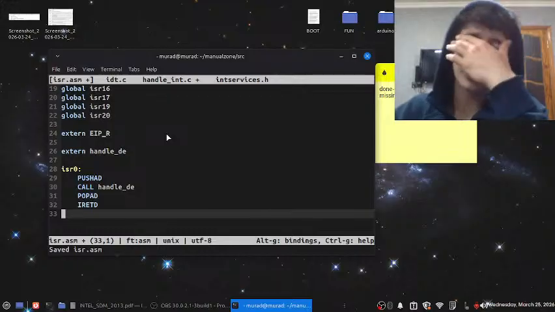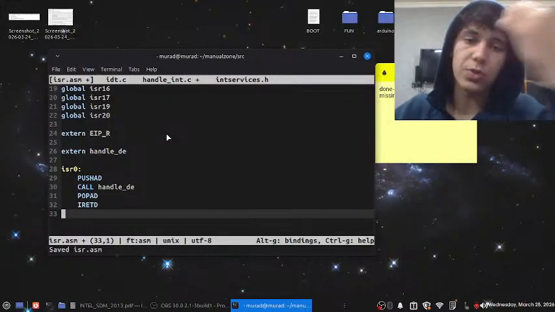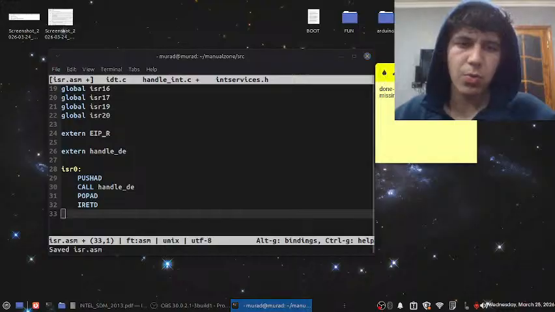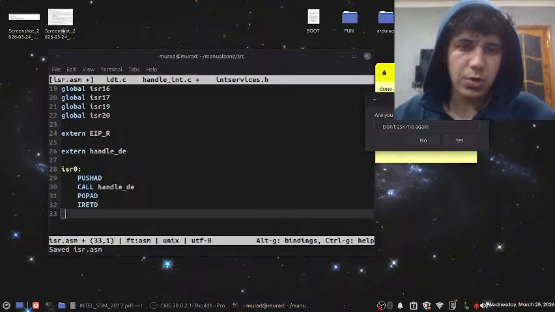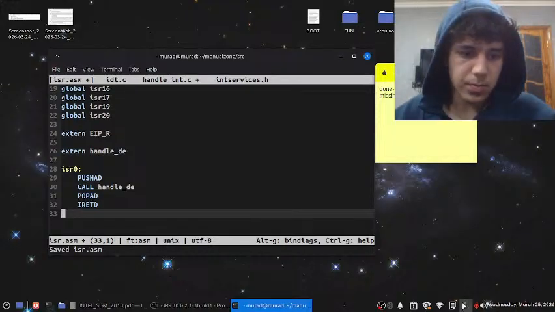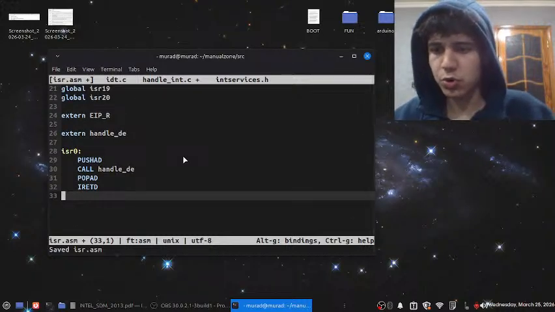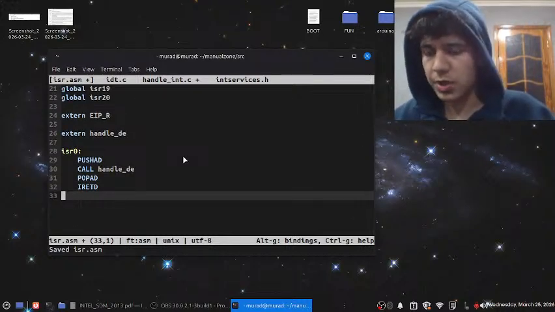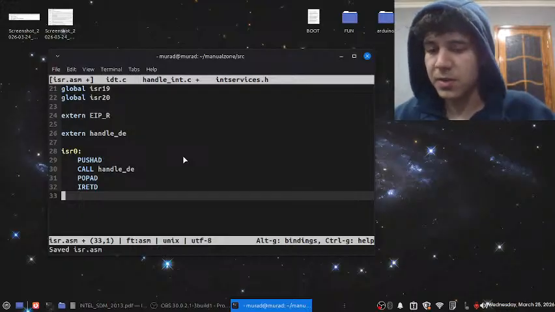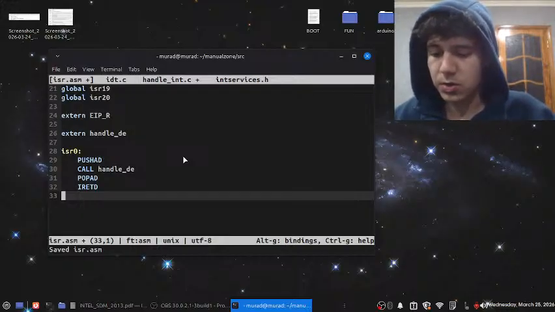Well, let's talk about what happens when an interrupt occurs. So when an interrupt occurs, the CPU pushes specific registers to the stack, not all registers.